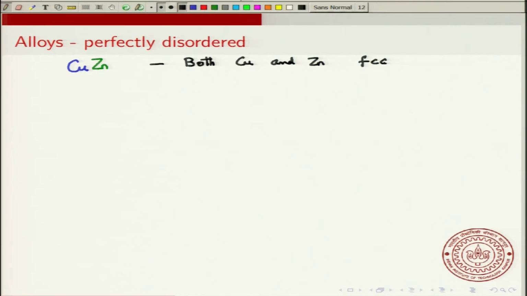Now, you can sort of see what will happen if you have a combination of copper and zinc, and they have very similar ionic sizes.